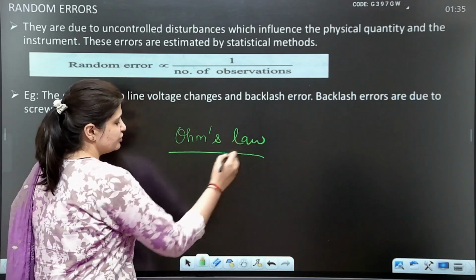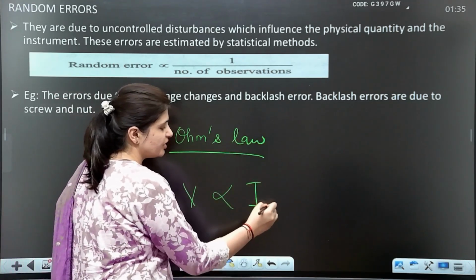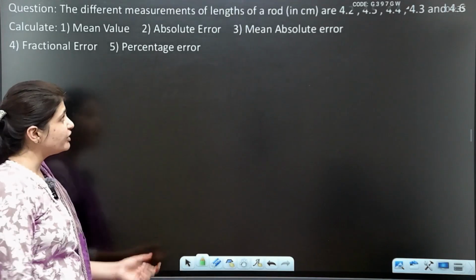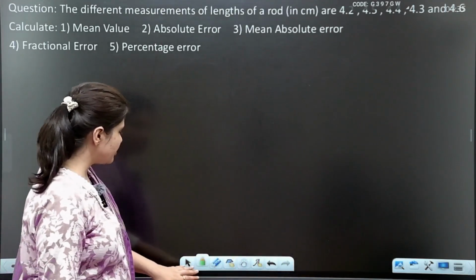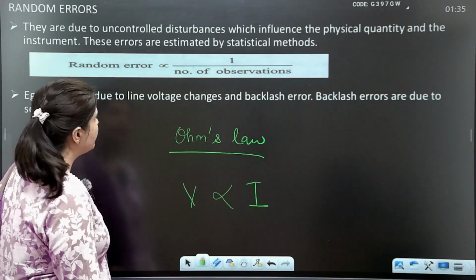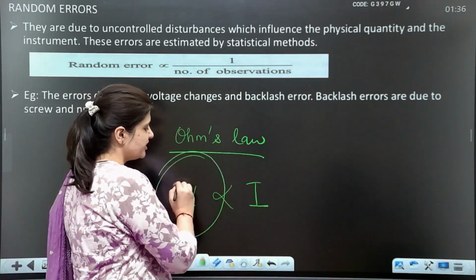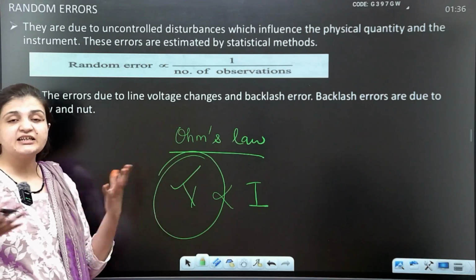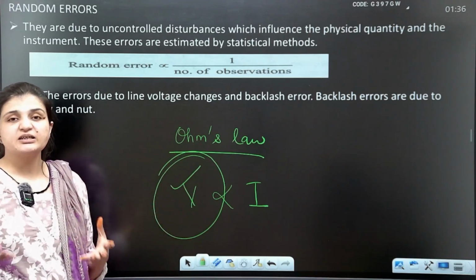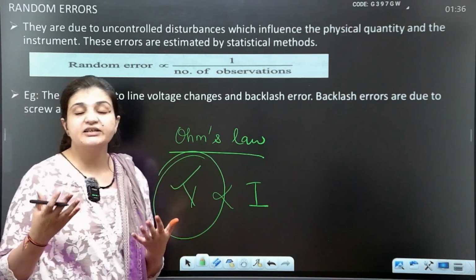We know that voltage is directly proportional to the current flowing, but the voltage randomly changes. It is just due to the voltage suddenly changing. We don't know the reason behind it, like why the voltage suddenly changes. So that is called the random error.